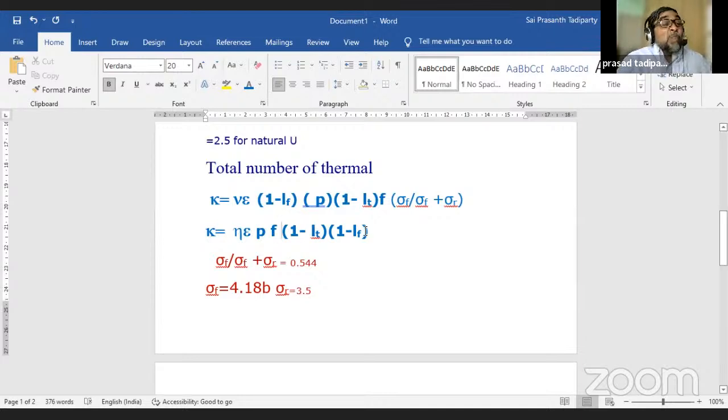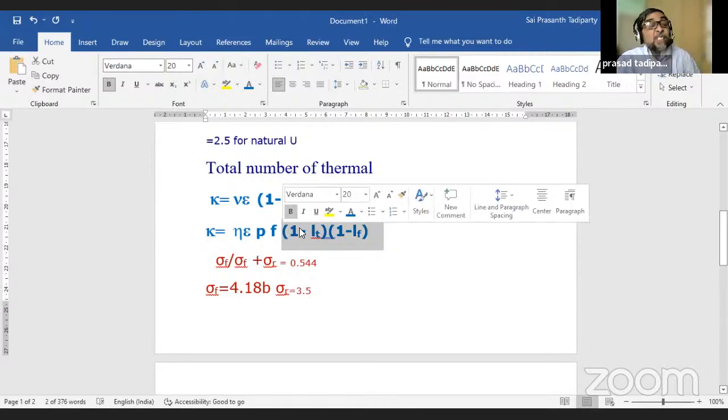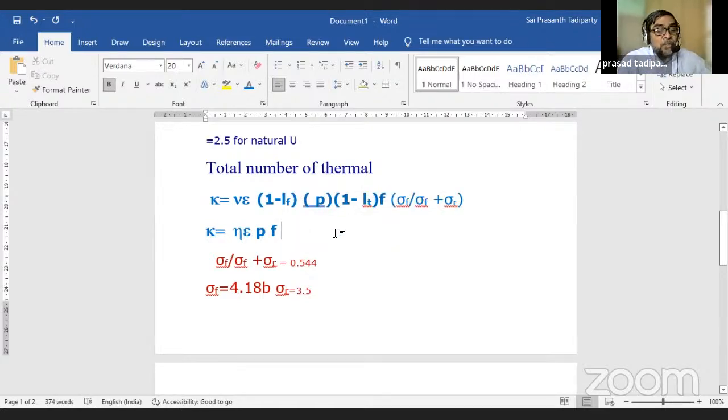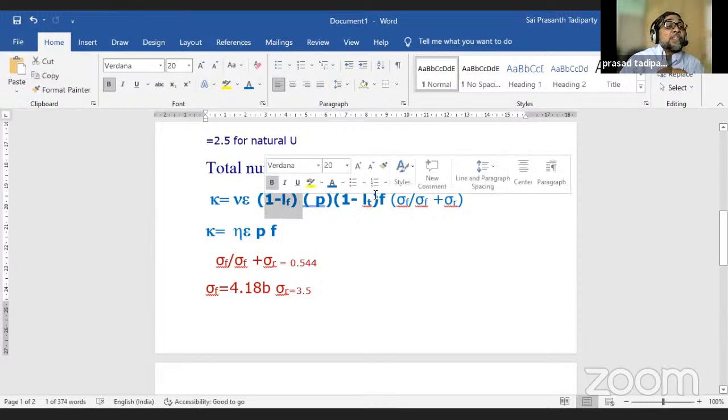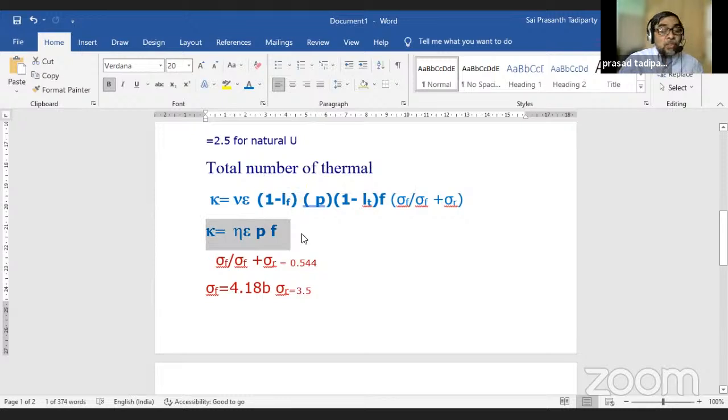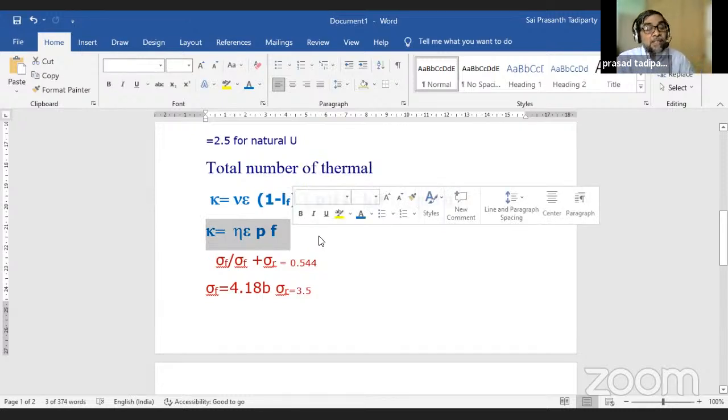That's why we can ignore these two leakage terms. LF is the loss for fast neutrons and LT is for thermal neutrons. By neglecting these two, finally you end up with four important terms, and we call these the four-factor formula.